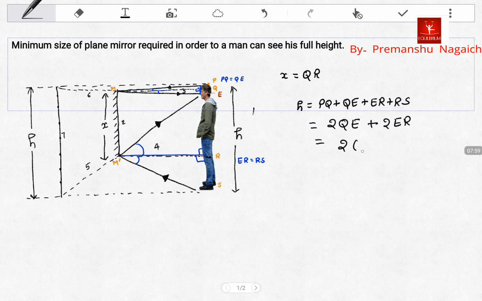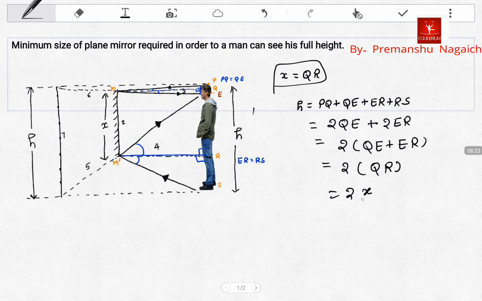This is 2(QE plus ER). QE plus ER would be QR from the figure, and QR is equal to x. So h is equal to 2x, where x is the size of our mirror. This way h by 2 is equal to x. This is all we were trying to find out.